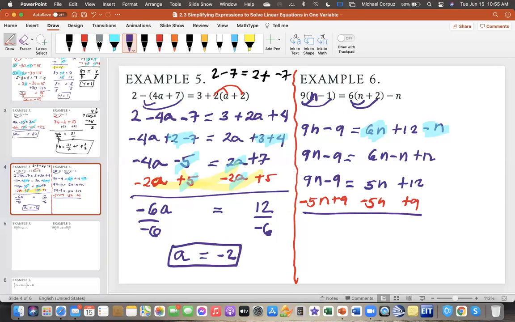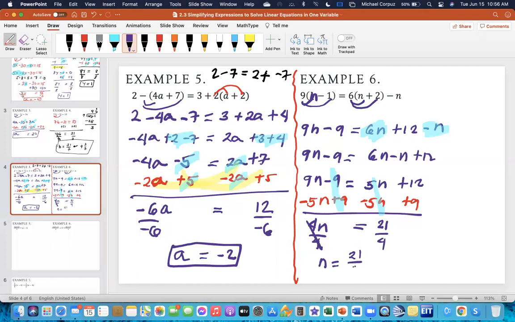We perform the operation. Of course, this is 0, 0. 9 minus 5 for the n, 4n. 12 plus 9, you have 21. Dividing both sides by 4, our answer will be a fraction. Okay, 21 over 4.